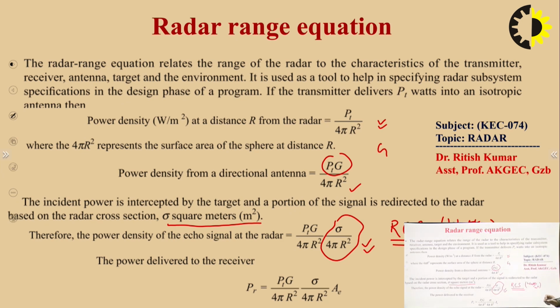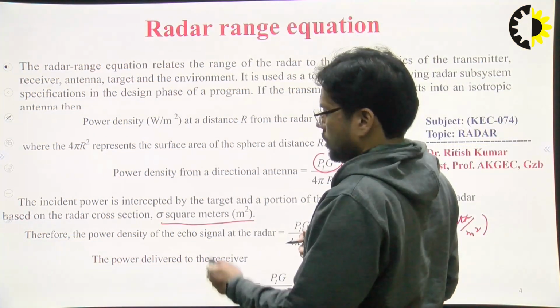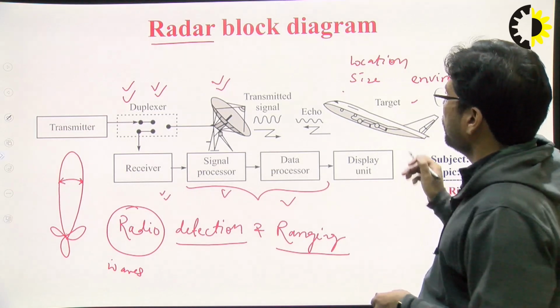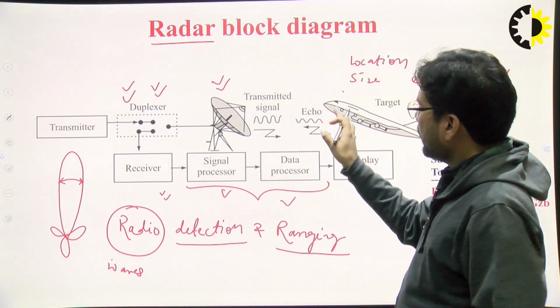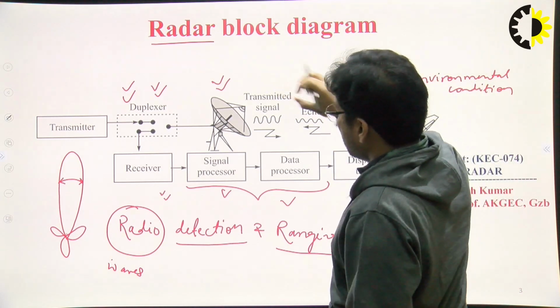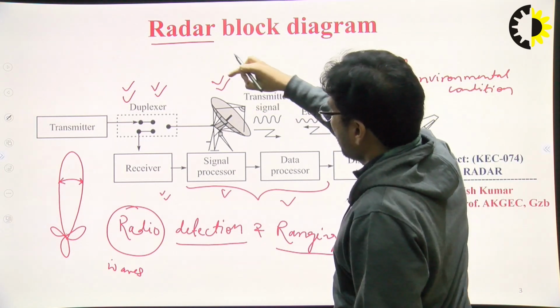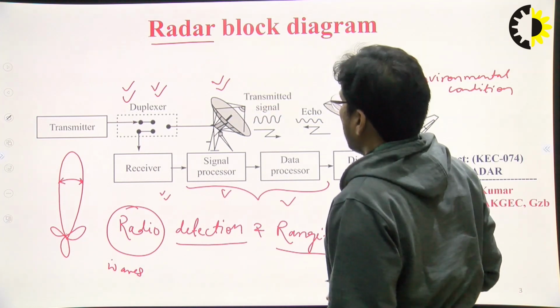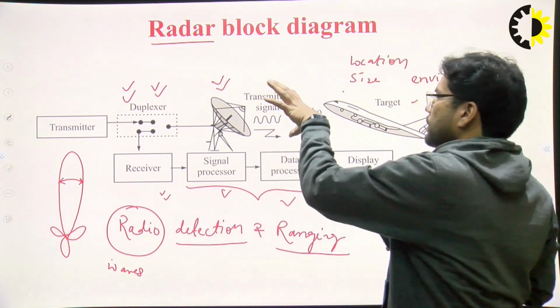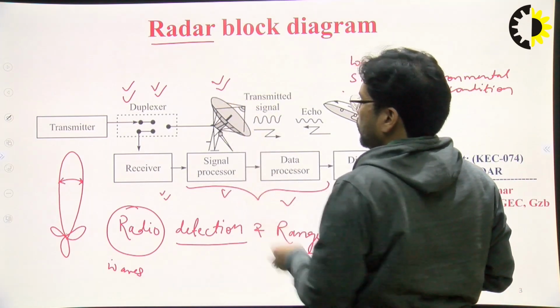Now the power delivered to the receiver. If you look into the block diagram, the reflected power again strikes the antenna, and the antenna has some area. That area is known as aperture area. So only this much of the radio wave is received through the antenna.